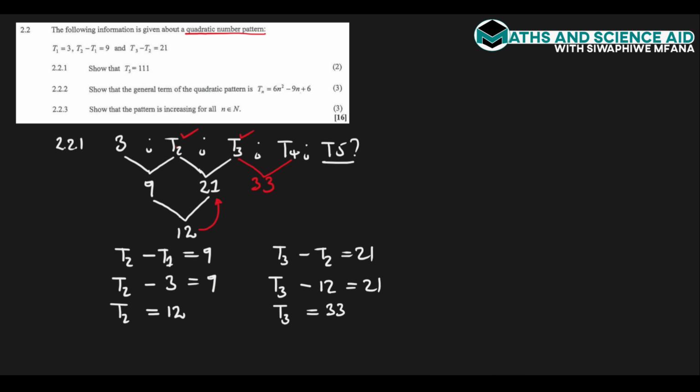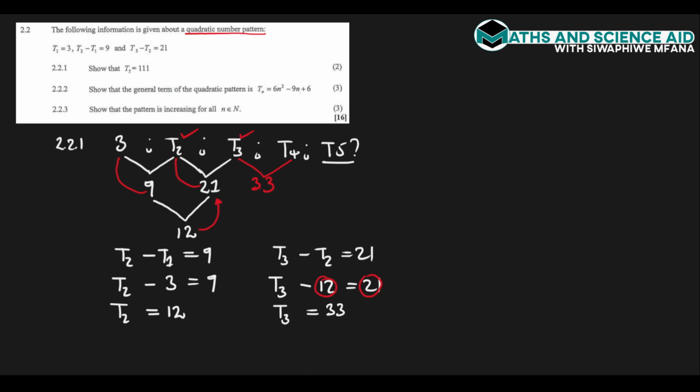And then what about T3? T3 is 21 plus the value of T2, which is 12. So 21 plus 12 is equal to T3, which is 33.